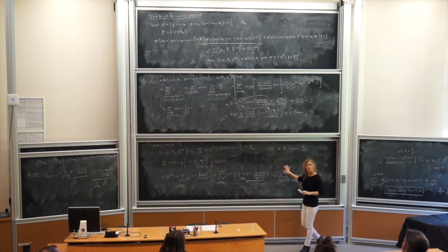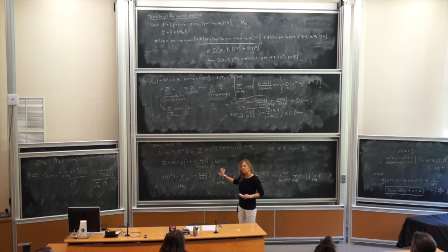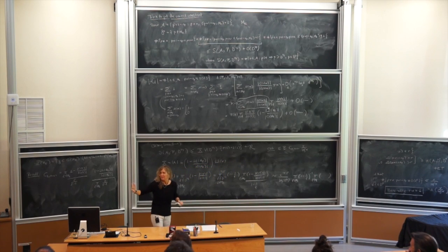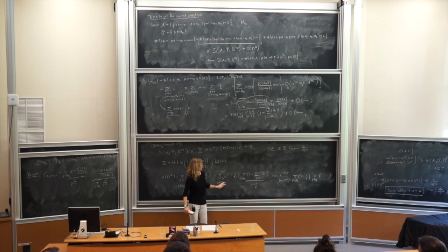I'm sorry, I should have asked that before. Question? I think, yeah, I'm using the GRH, but how long do you need for this to converge to 1 over log? I mean, you don't need a lot, if you care about the constant. Yeah, exactly. So this is the question you asked.